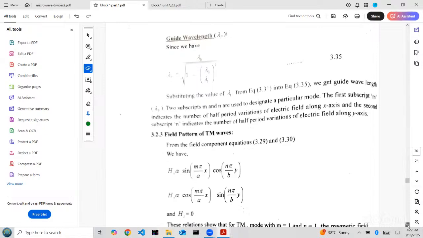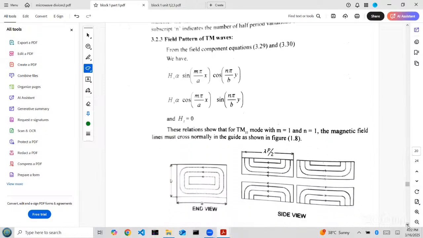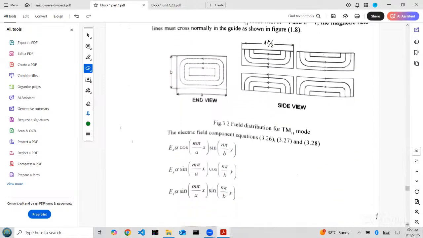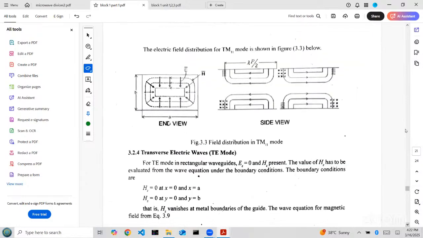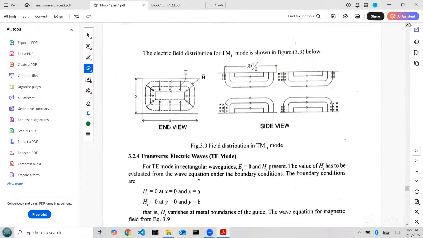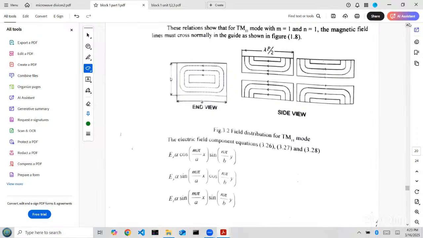EX is one cos and one sin term. EY is one sin term and one cos term. EZ has both sin terms. Compare the equations. This is called field patterns. From 3.26, page number 19, EZ uses two sine terms.